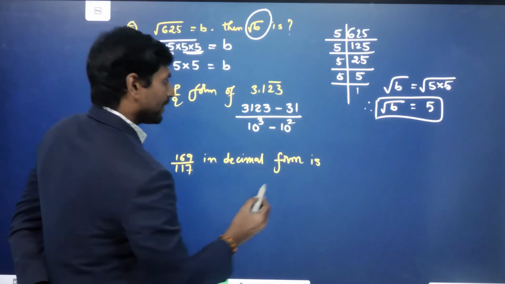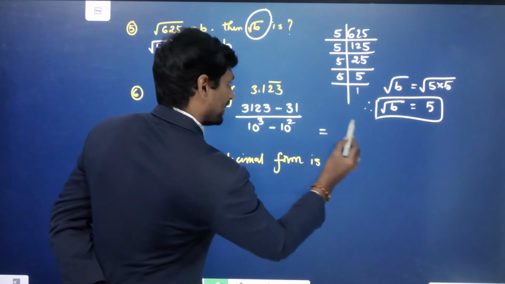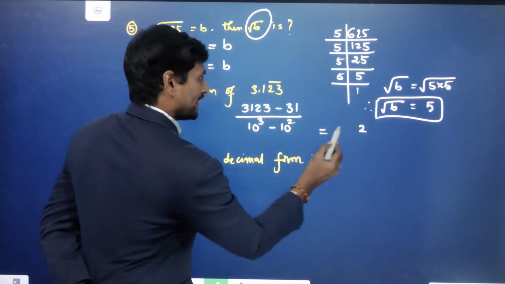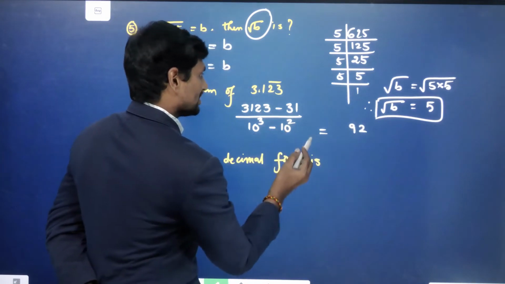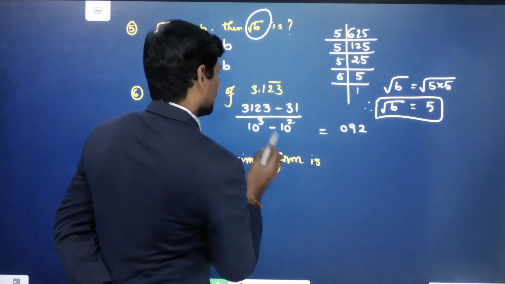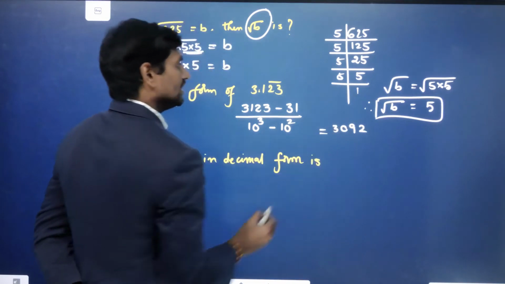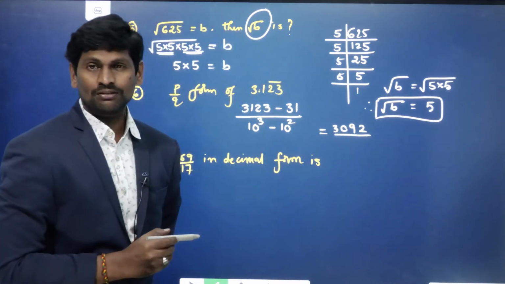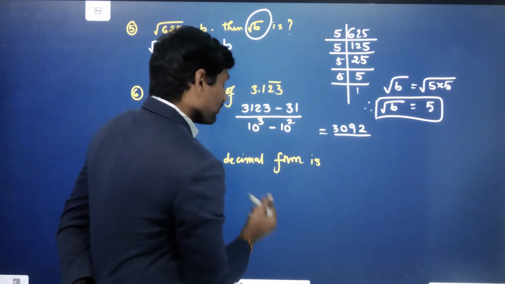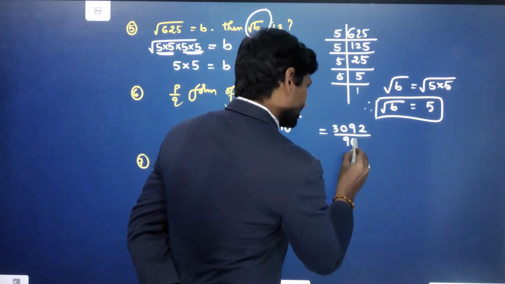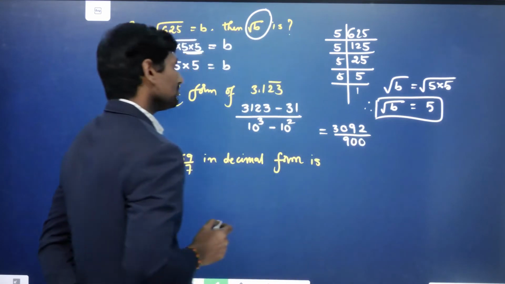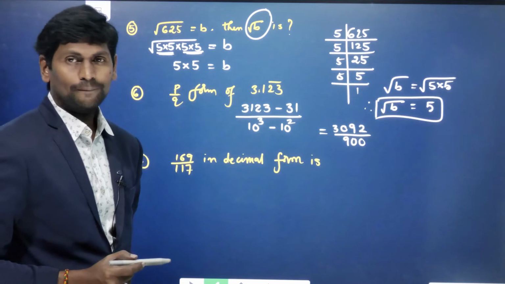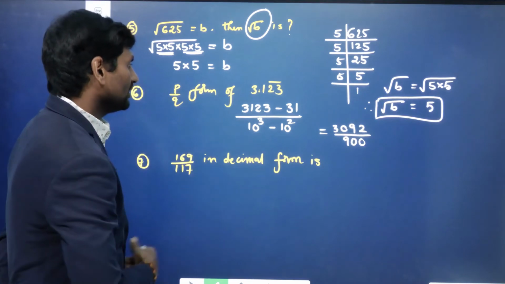Okay, so subtract this. 3 minus 1 is 2. 2 minus 3 not possible. 12 minus 3, 9. 0 and 3. 3092 by 10 cube is nothing but 1000. 10 square means 100. 1000 minus 100, 900, right?